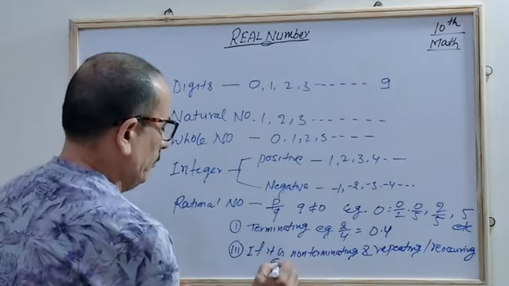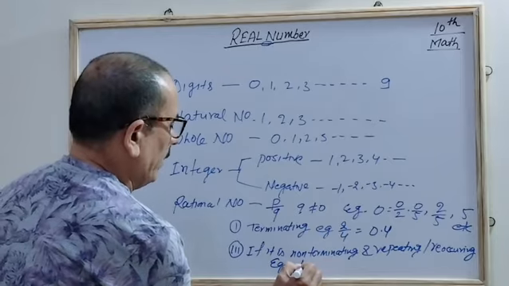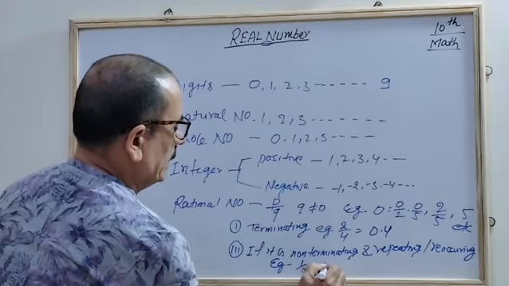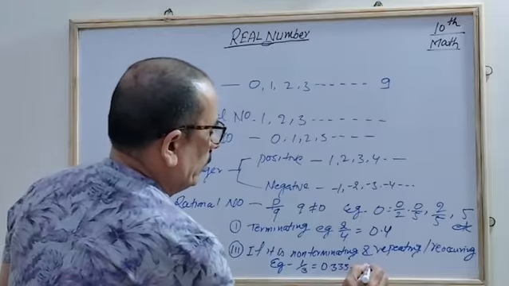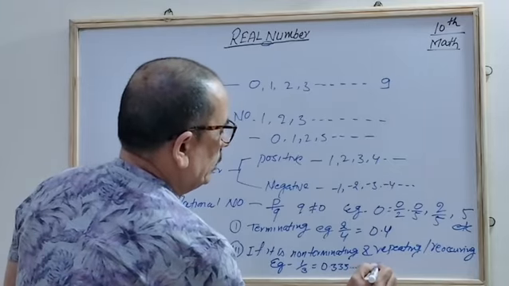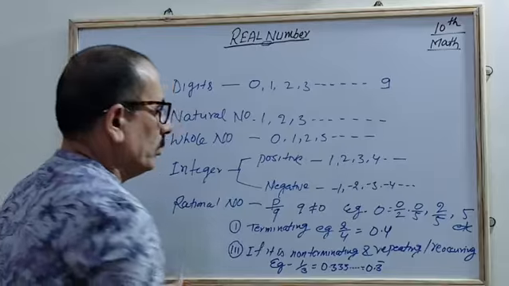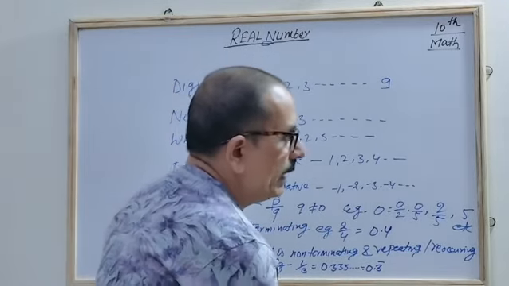The example is 1 by 3. When you divide it, it comes 0.3333 like that. So you can write 0.3 with a bar on top, correct? So this becomes a rational number.